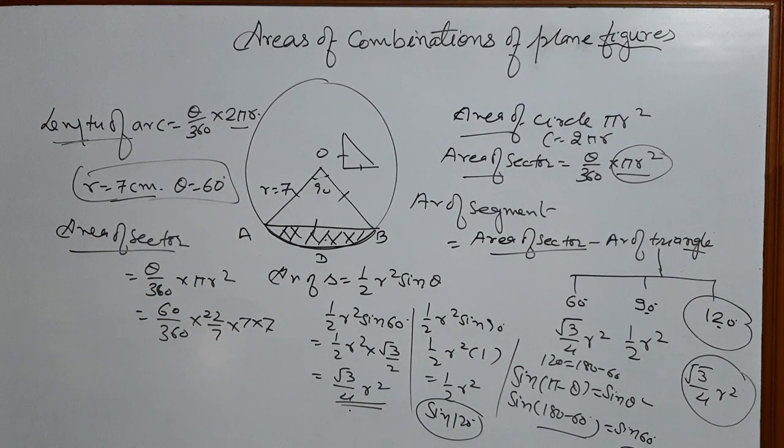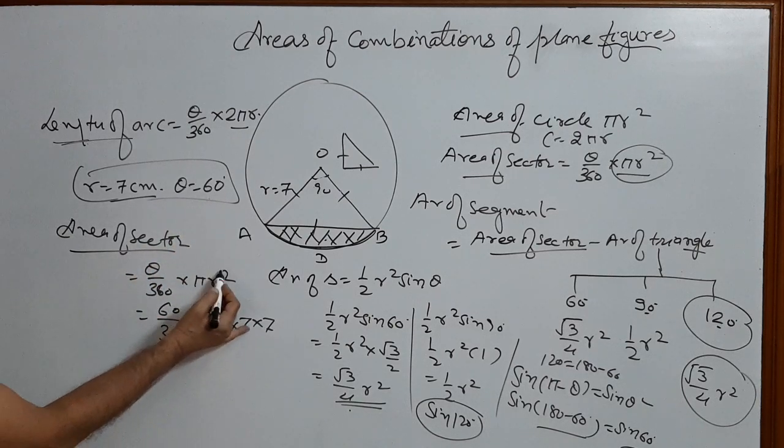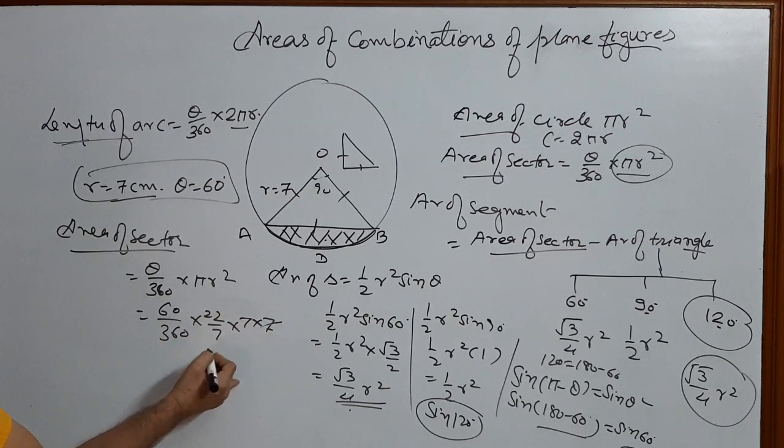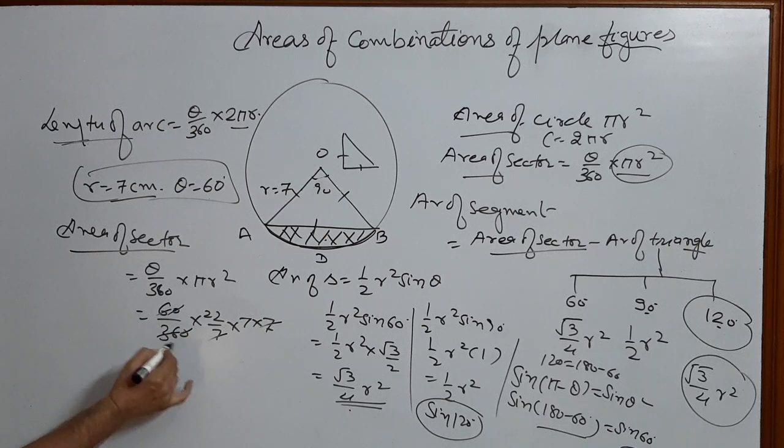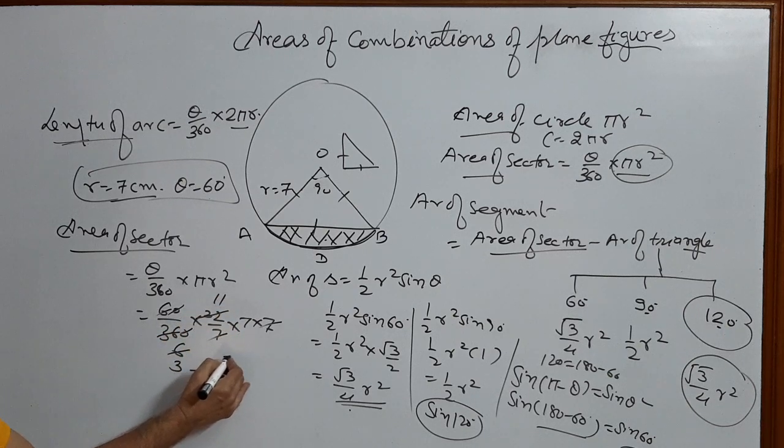So in this way, theta upon 360 pi r square. Theta is 60, 360, pi 22 by 7, radius 7 into 7. Simply cut it. 7 is gone. 0 and 0, 6. Then by 2, 3 and 11. So 77 upon 3.